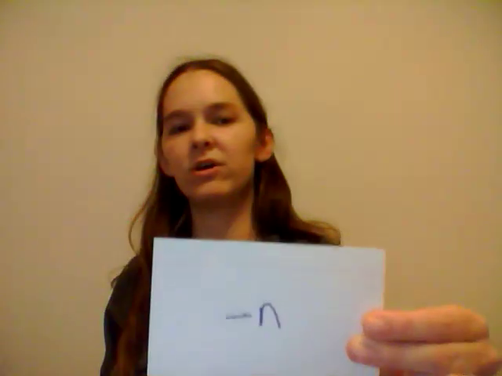Because that little accusative N lets us know that the ball is the thing being thrown, and if I don't have that accusative N at the end of it, then I'm not the one being thrown.